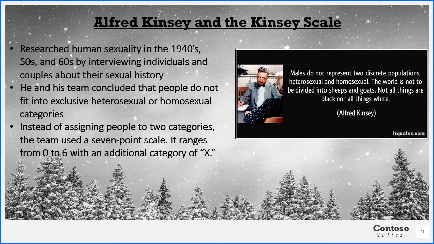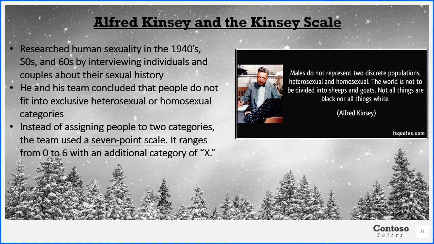So he determined that instead of exclusively assigning people to either you're straight or you're gay, and that's it, there needed to be more categories for people to fit into, because he was finding that most people didn't fit into them. He and his team proposed this 7-point scale that's now referred to as the Kinsey scale, and it ranges from 0 to 6.